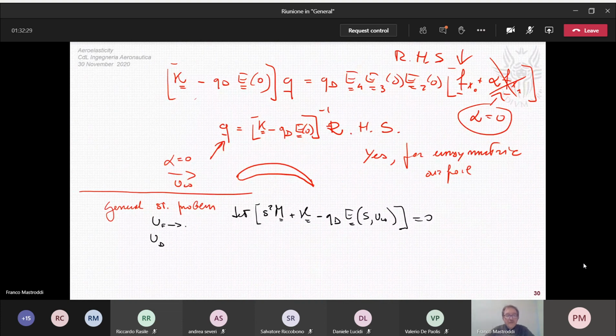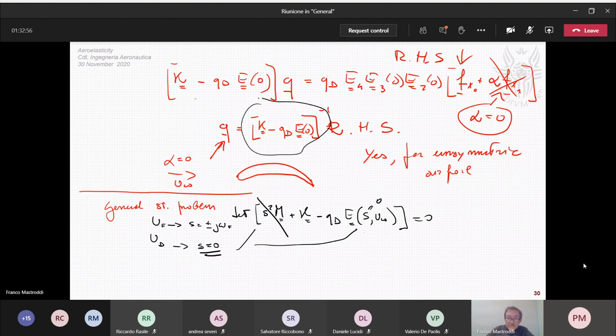For u flutter, your s here are typically complex conjugated, purely imaginary, like s equals plus or minus j omega flutter. And in the case of divergence, you have a pole in the origin. And in this case, you have 0 in this part and 0 here. So the value of u is the divergence. This is verified: the determinant is 0 in divergence condition.